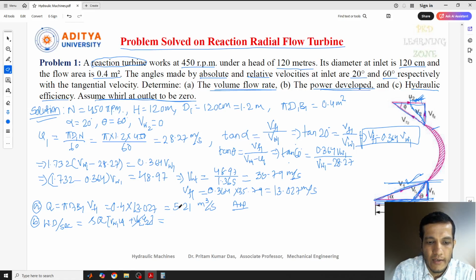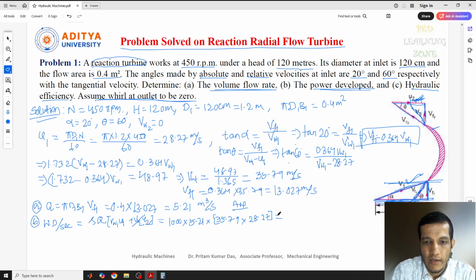So you can write only this terminology. So rho value is 1000, Q value we have calculated just now, 5.21, into bracket start VW1. What about the VW1 value? Yeah, 35.79 into 28.27.